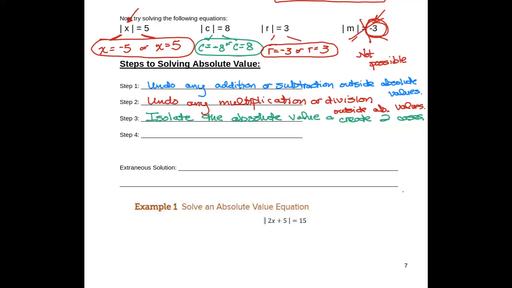So we're going to isolate that absolute value, make sure all we have on one side of the equation is that absolute value. And then finally, we are going to solve for the variable in the two cases. So again, each of your problems is going to have two answers.